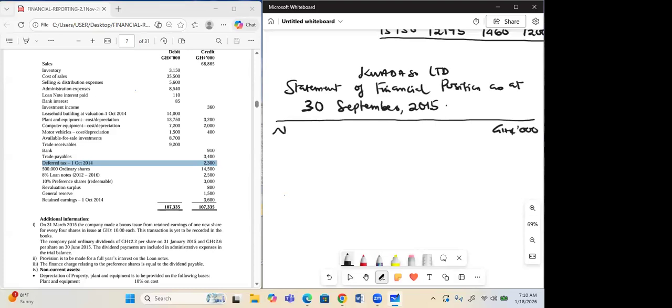Therefore, non-current assets. Yes, PPE, so property, plant, and equipment.